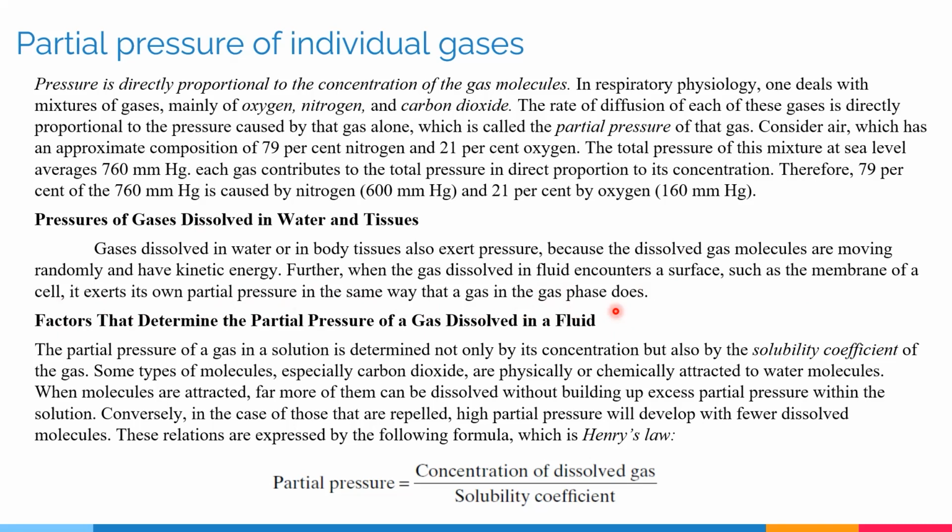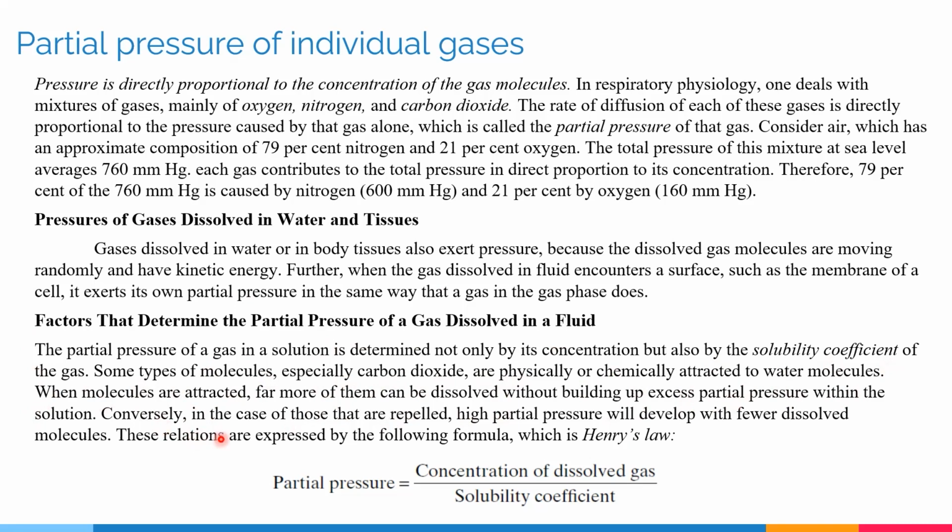Next, we look into the factors that determine the partial pressure of a gas dissolved in a fluid. The partial pressure of a gas in a solution is determined not only by its concentration but also by the solubility coefficient of the gas. Some types of molecules, especially carbon dioxide, are physically or chemically attracted to the water molecules. When molecules are attracted, far more of them can be dissolved without building up excess partial pressure within the solution.